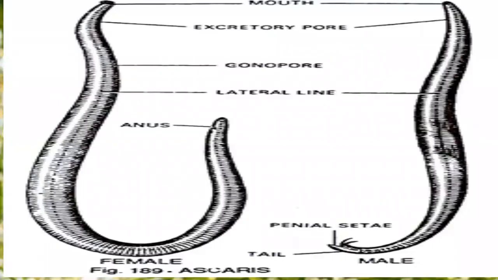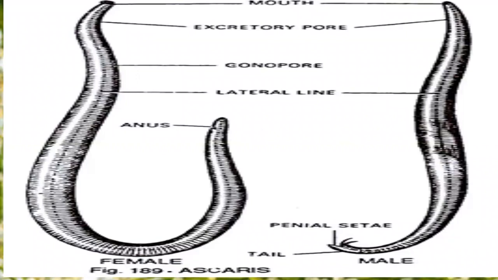This is the diagram of Ascaris, the male Ascaris and the female Ascaris. Some kinds or species are free living, and some are parasites. They are commonly found in small children.